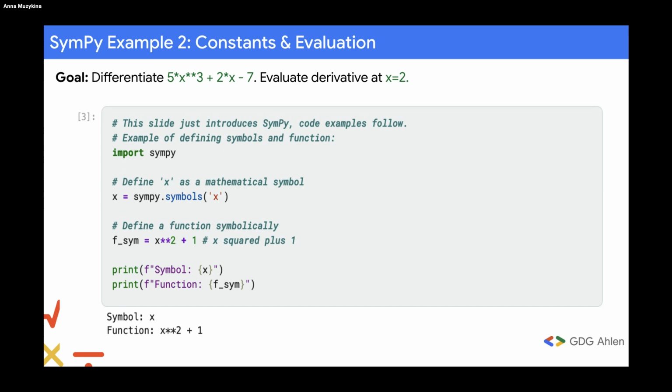We call f3 prime.subs(x, 2) to substitute the symbol x with the value 2. Printing the result, slope at 2, gives 62. This is f prime of 2, the slope of the tangent line to f3 at the point where x equals 2.